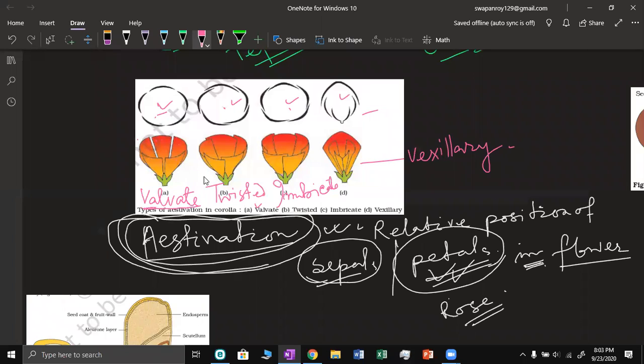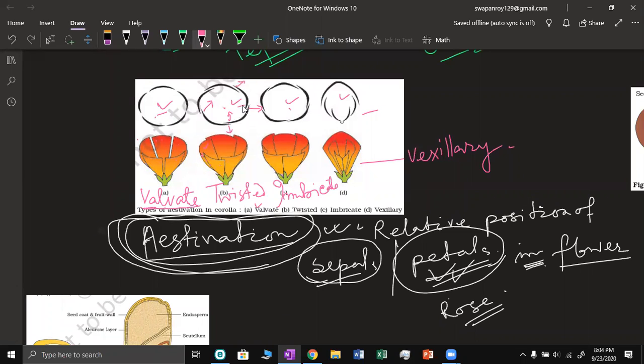If we see the next one, here you can see these petals. One margin is covering the next one, and its other margin is covered by the previous petal. So one margin is exposed, outside, and the other is inside.